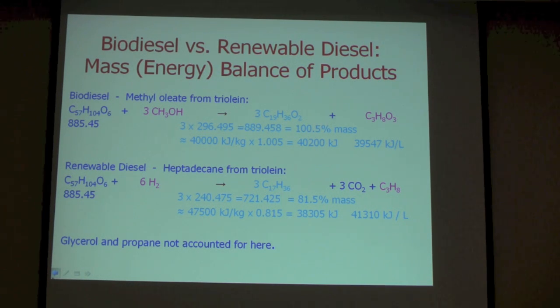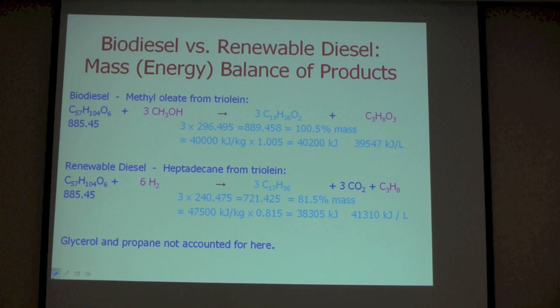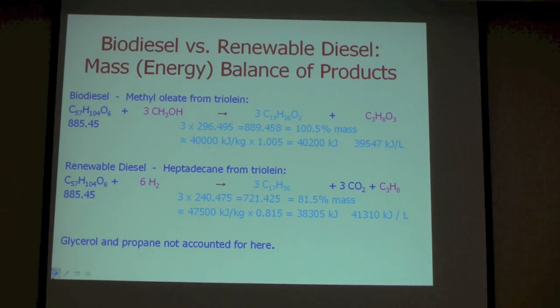So anyway, that gives about an 81.5% mass balance, but actually it has a somewhat higher energy content because it's a pure hydrocarbon. You can say anything that contains oxygen in a molecule is already kind of partially combusted. That's why biodiesel, you could say, is already partially combusted. It contains oxygen. Its energy content is a little bit lower, so you'll find that renewable diesel has a little bit higher energy content.